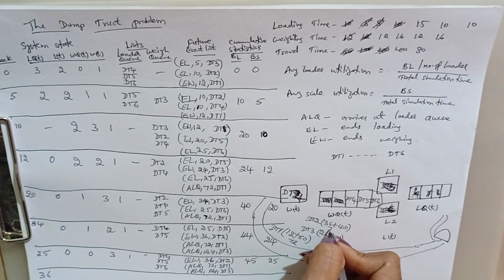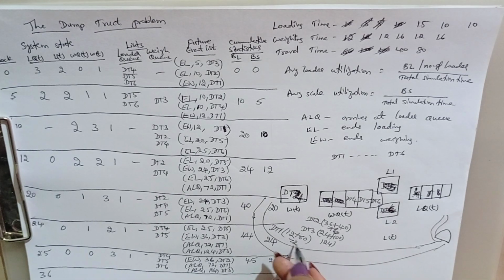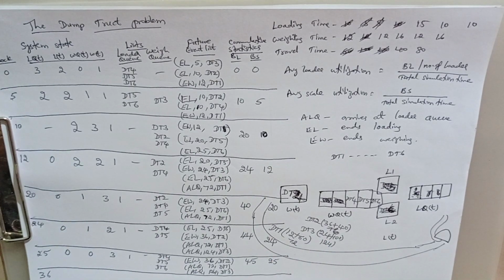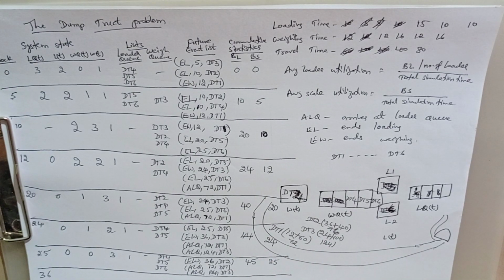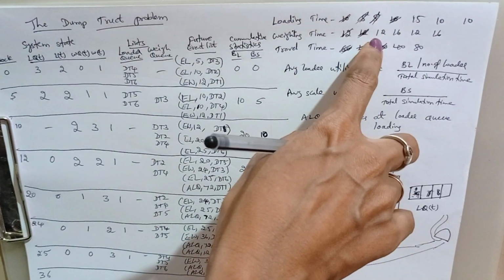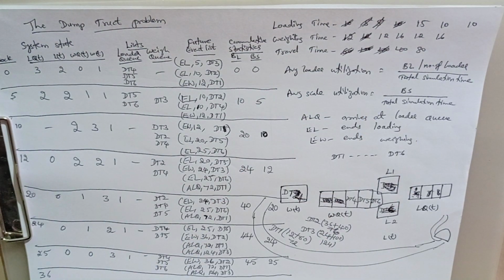So total is 76. At clock time 76, that means between 72 and 124 this will come for ALQ truck 2. Now we should calculate the weighing end. Truck 4. Next weighing time is 12 and now the time is 36. 36 plus 12, that is 48.